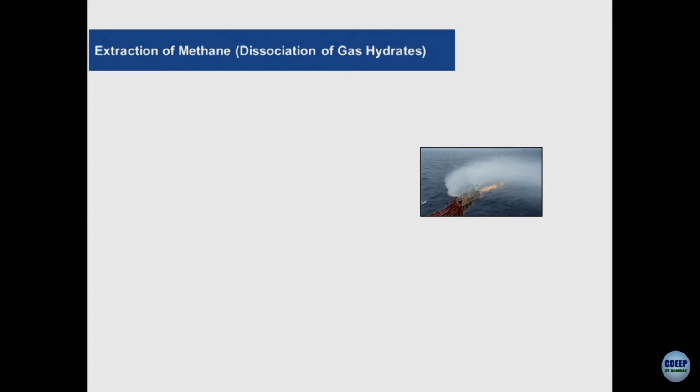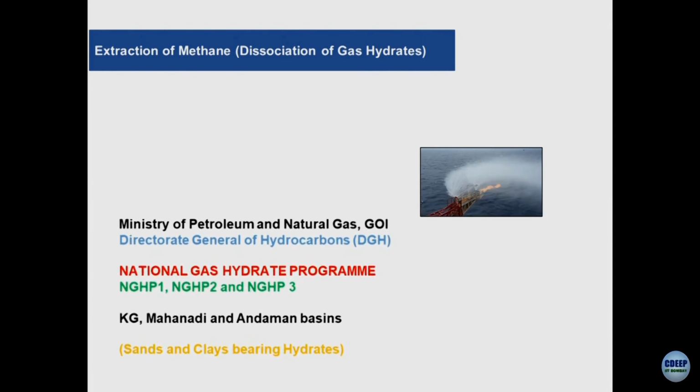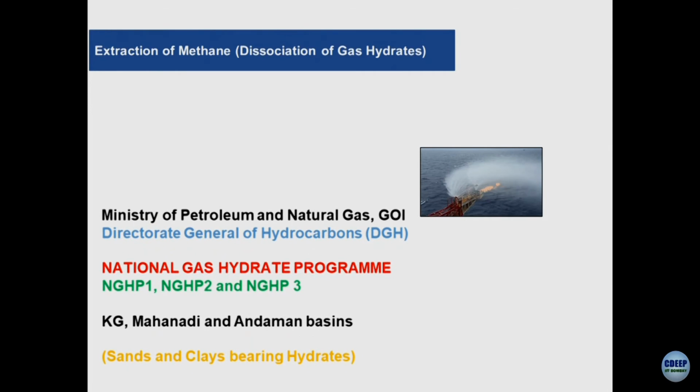Alright, so this type of expeditions have been taken up by the Ministry of Petroleum and Natural Gas, Government of India. I hope you are aware of what is going on in the world these days, and there is a special directorate, the Directorate General of Hydrocarbons, which is known as DGH. Until now there have been 3 expeditions, NGHP 1, NGHP 2 and NGHP 3.